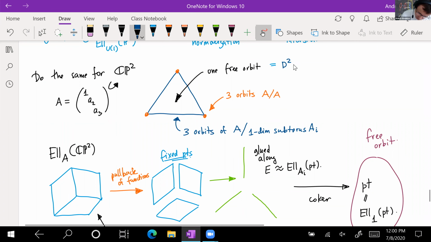It is disk squared cross S1, and these are orbits of the form disk cross S1. If I take that cell decomposition, you can easily convince yourself that I'm going to get a normalization exact sequence for this object.